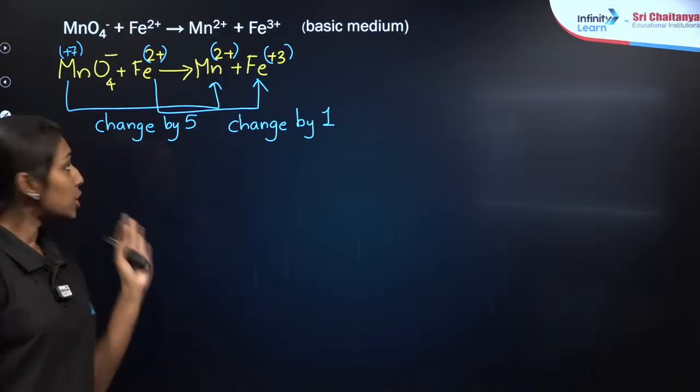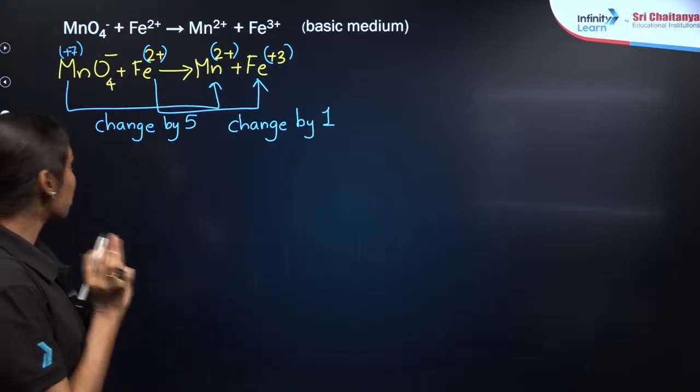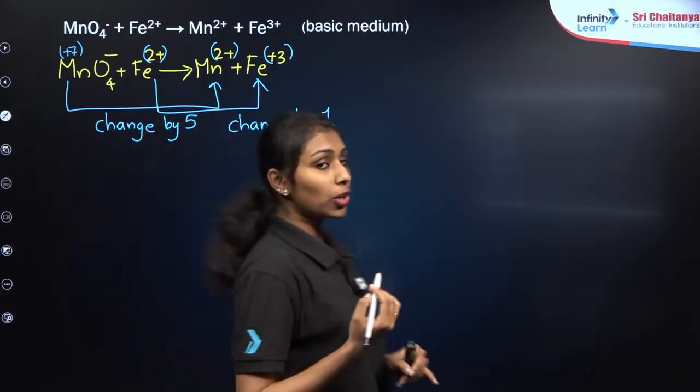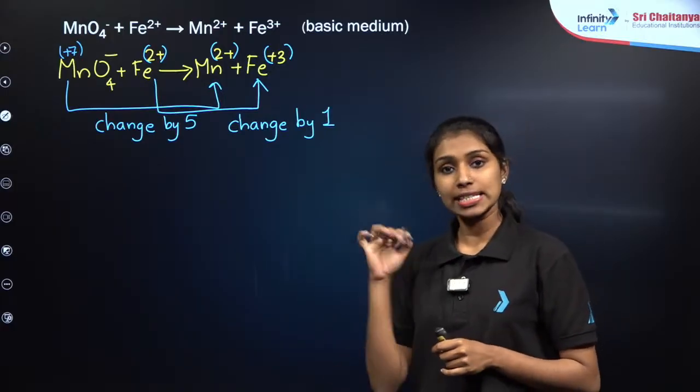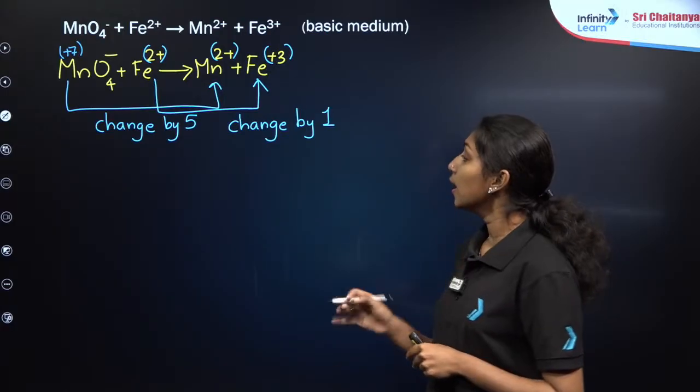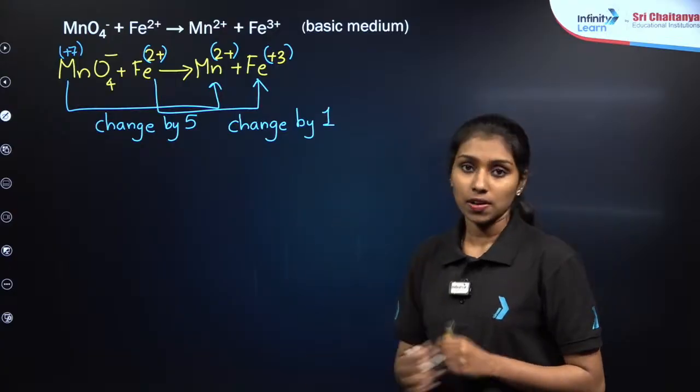Clear? First you have to write down the skeletal equation for the particular reaction. Then find out the oxidation numbers of each of the atoms present in the reaction. Then find out the one which is undergoing oxidation and reduction simultaneously. Then find out the change in oxidation number.